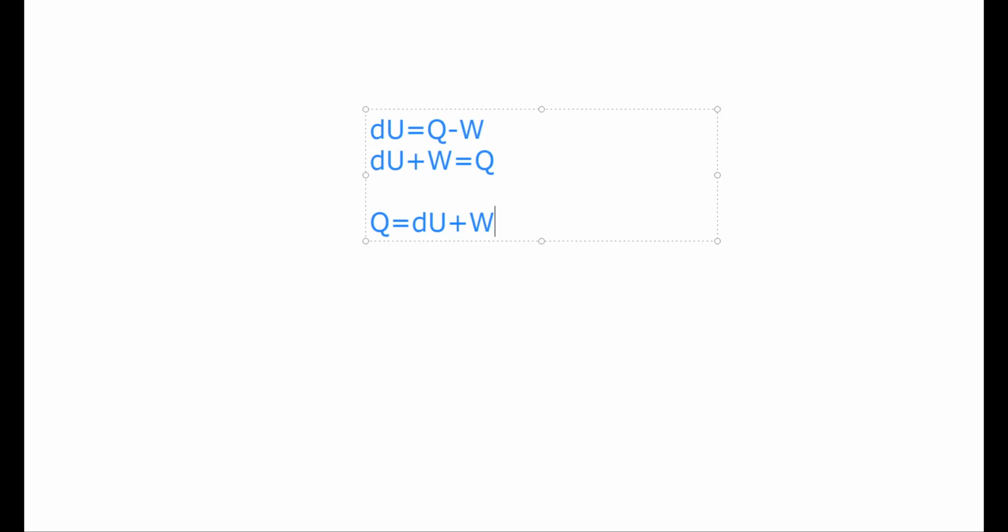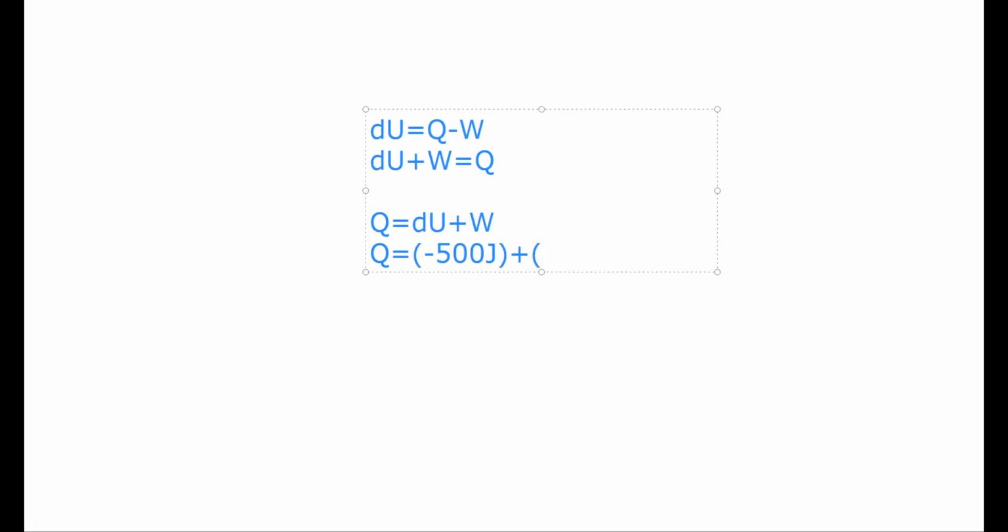depending on how it's being done. So we know that Q is equal to the change in internal energy. We knew that it decreased by 500 joules, plus the work.